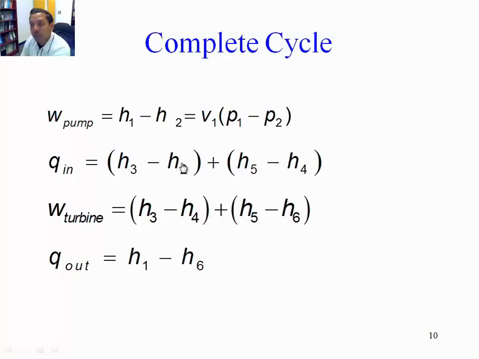Qn is the change in enthalpy from 2 to 3 and the change in enthalpy from 4 to 5. The work in the turbine is the turbine of high pressure and the turbine of low pressure. And the Q out, if it's necessary, is the Q rejected in the condenser. And these are all the quantities that are necessary in order to analyze the complete cycle and calculate the cycle efficiency.